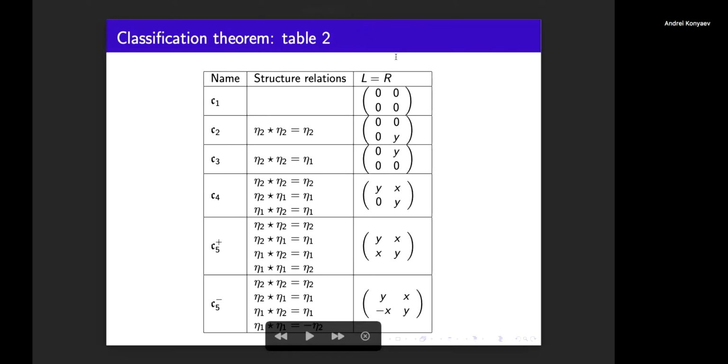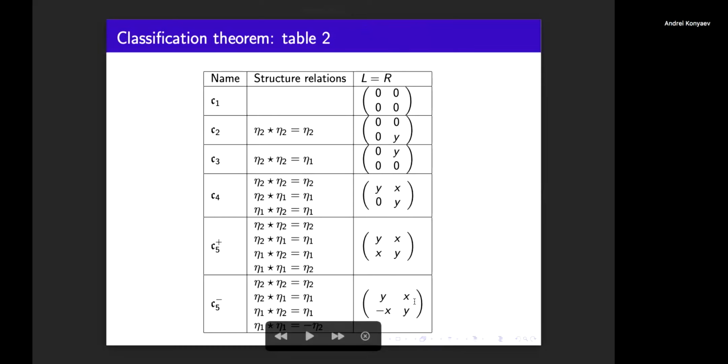It means that the operator R will be x, 0, 0, y, with x, y on the diagonal. This is the first exercise: to prove that you actually can do such a coordinate change.